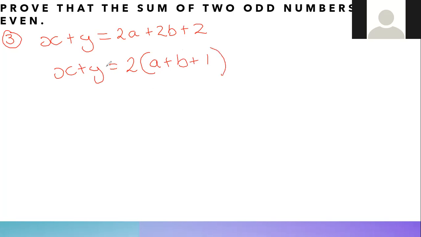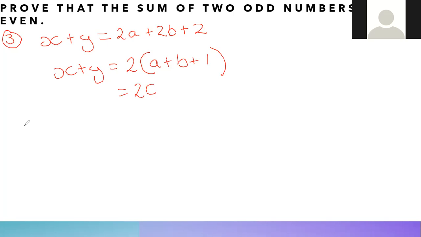So x plus y equals 2(a plus b plus 1). In this situation, we know a and b are integers, therefore 1 can be an integer as well. So if we add them all together, a plus b plus 1, we can say they're an integer altogether. So x plus y equals 2c, 2 whatever is in here.